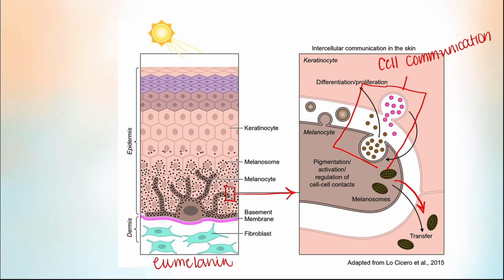So not only do melanocytes give keratinocytes some of their color, but they are also notorious for giving that keratinocyte kind of the push to begin its life cycle. So it has now received its pigmentation, it's picked up the main purpose of its life, and now it can go ahead and continue on into the upper layers of that epidermis. So we see a very healthy relationship between the melanocyte and the keratinocyte, aside from gaining that pigmentation.